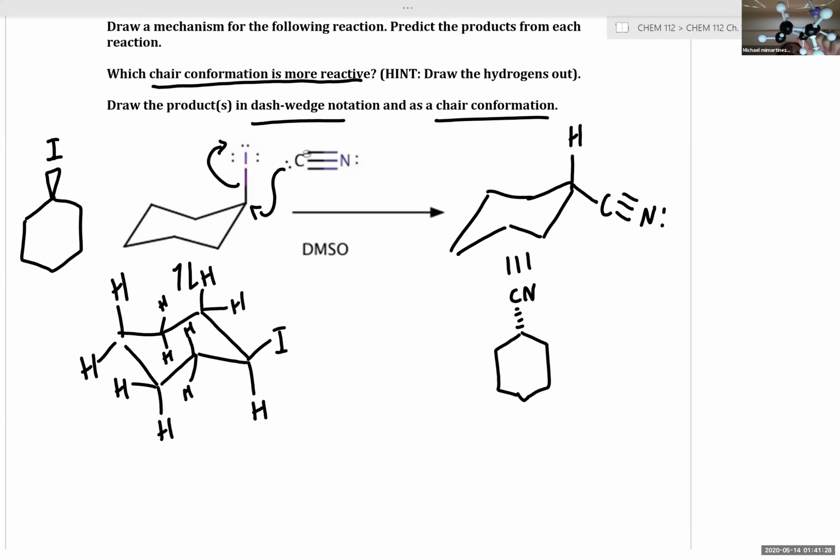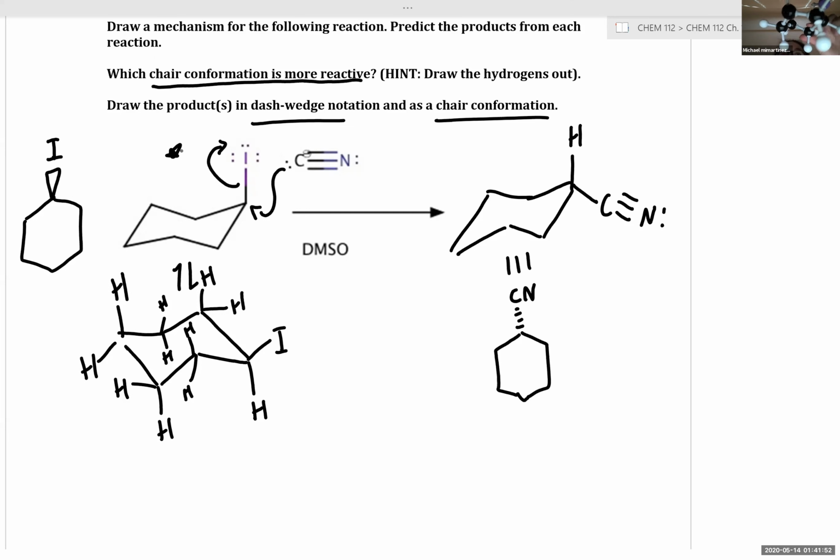This is the exact same chair conformation as shown here. Now, in terms of how we can displace our leaving group, I'd like you to pay special attention to our hydrogen atoms.